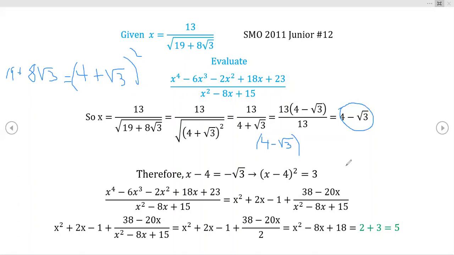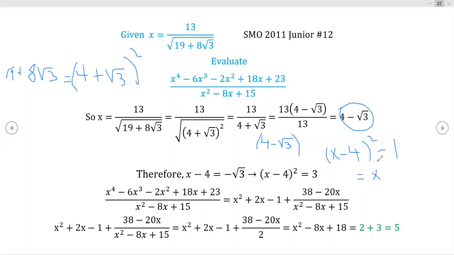Now, notice that that connects right back to this denominator here. x minus 4 quantity squared minus 1 is actually equal to this denominator. Isn't that cool? It's equal to that denominator.